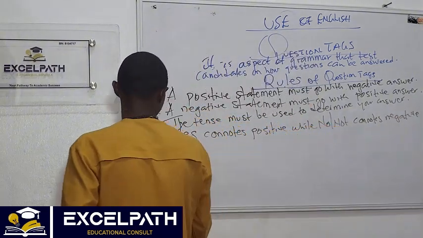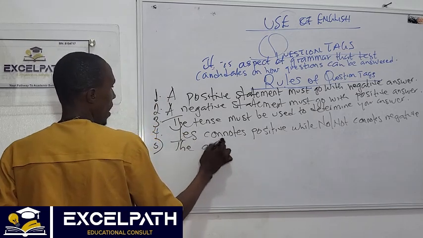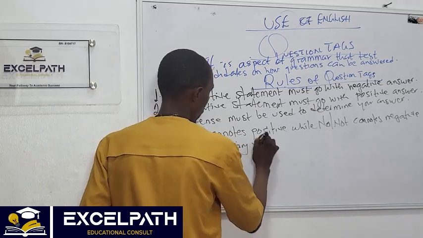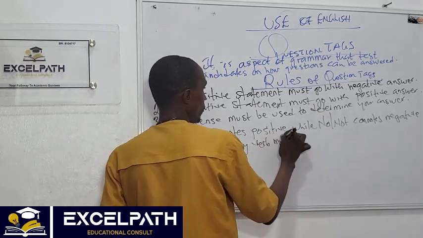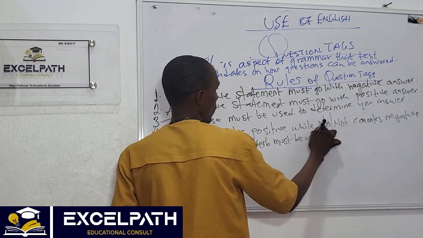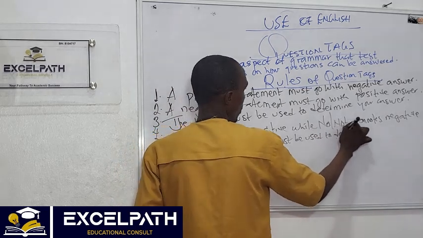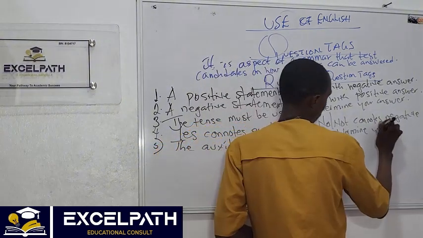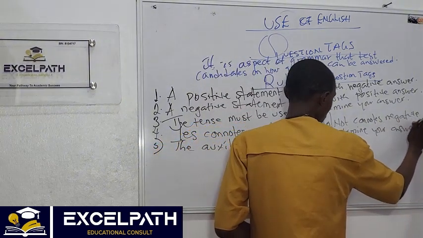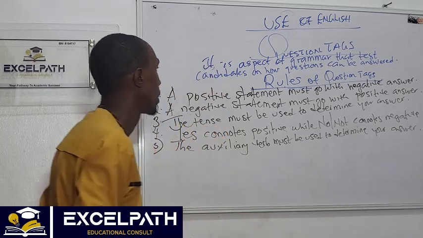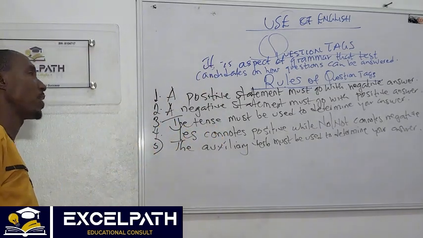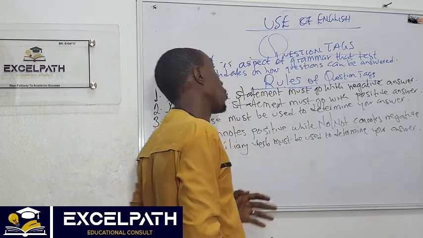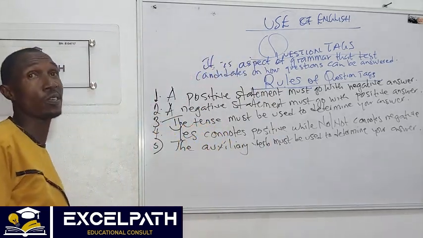And finally, number five, the auxiliary verb must be used to determine your answer. Now, look up. These five principles are what you need as far as question tags questions are concerned.